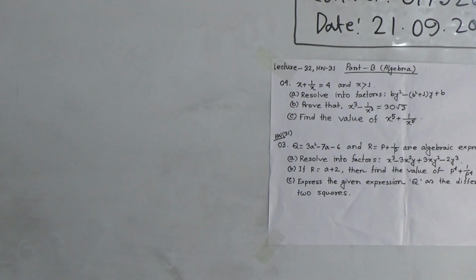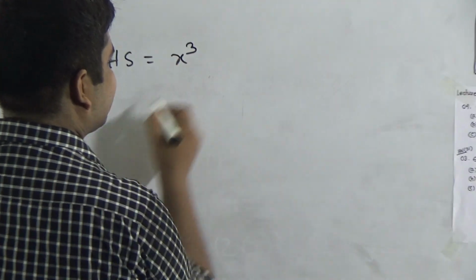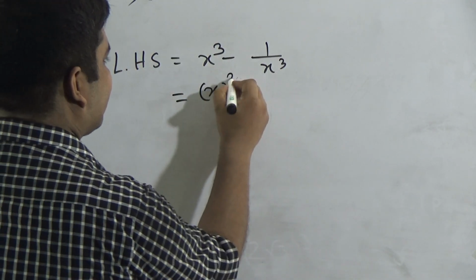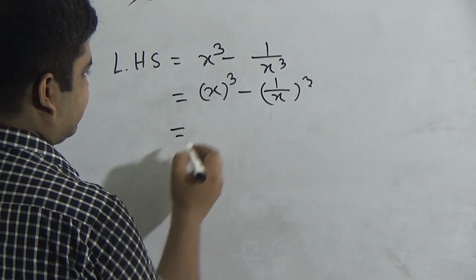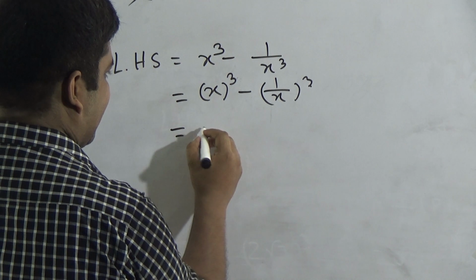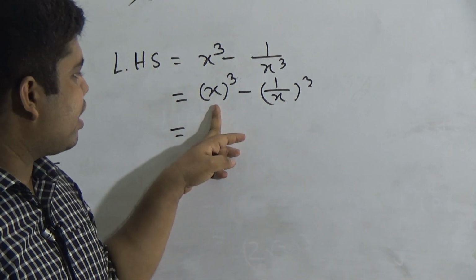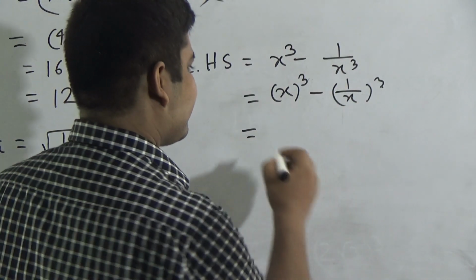So write left hand side, LHS. What is the LHS? X cube minus 1 by x cube. So we write it x cube minus 1 by x whole cube. Now the formula of a cube minus b cube, instead of a we write x and instead of b we write 1 by x. So what is the formula?